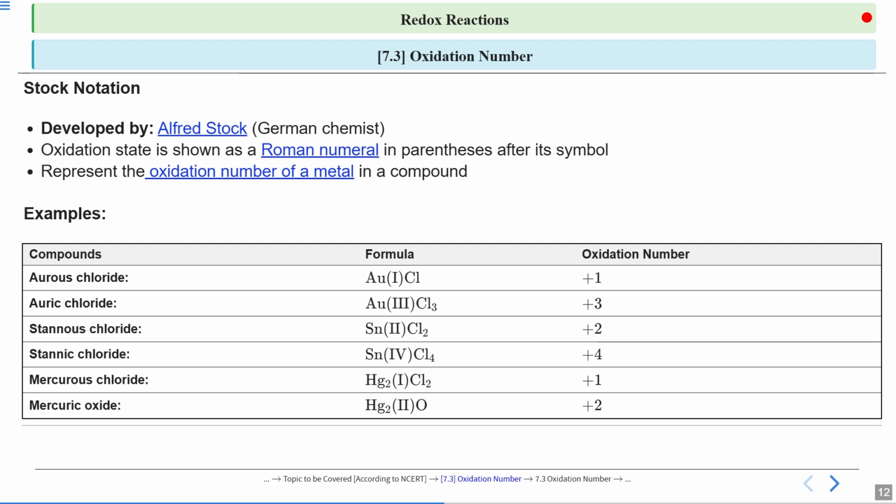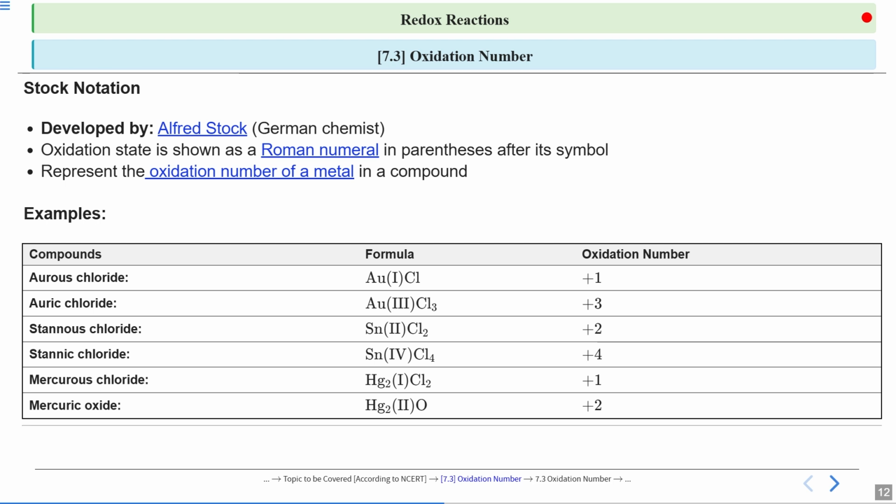If you look at stannous chloride and stannic chloride and find the oxidation state of tin, you will find that in SnCl2 the oxidation state is +2, and in SnCl4 it is +4. So we have mentioned 2 and 4 in Roman numerals after the metal in the formula. In mercurous chloride and mercuric oxide, mercury has an oxidation state of +1 and +2 respectively, and again it is represented in the compound with the help of Roman numerals.